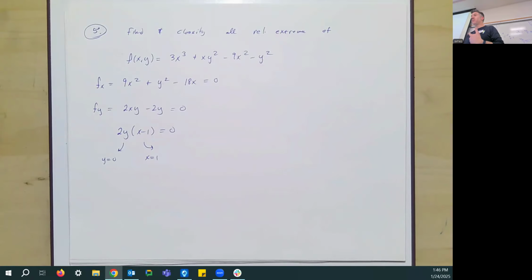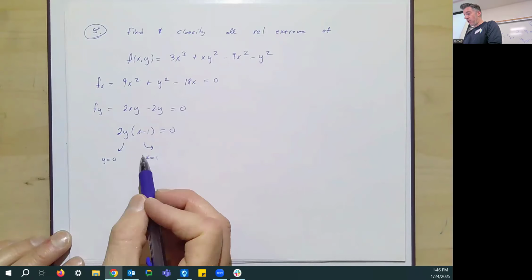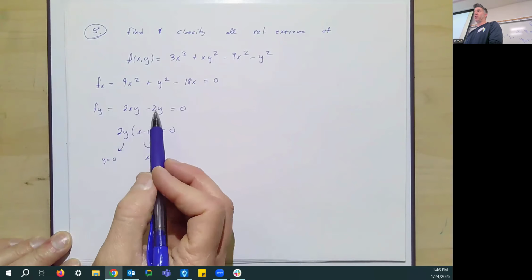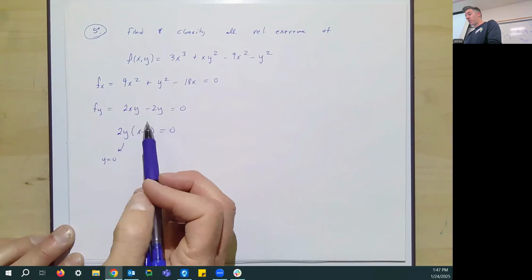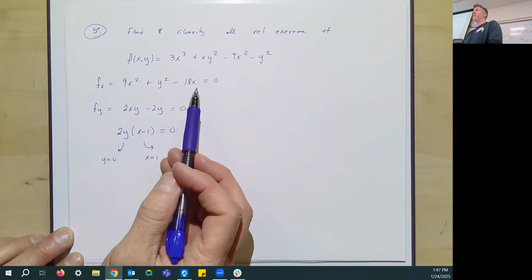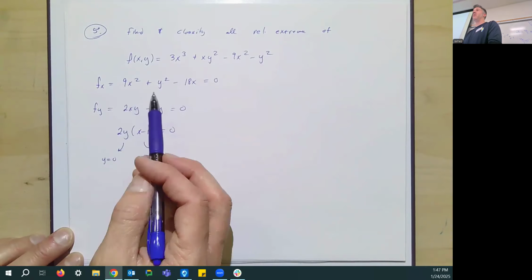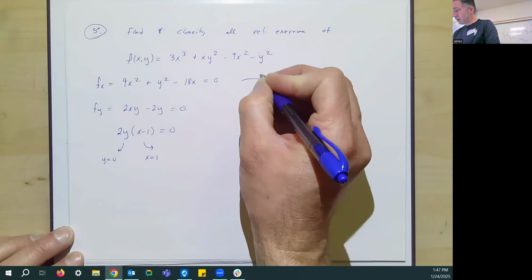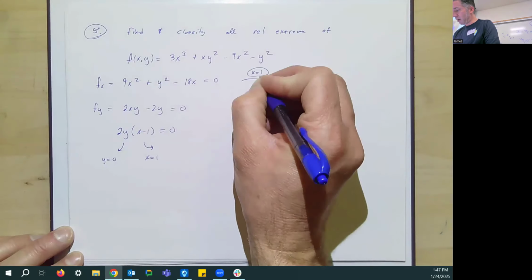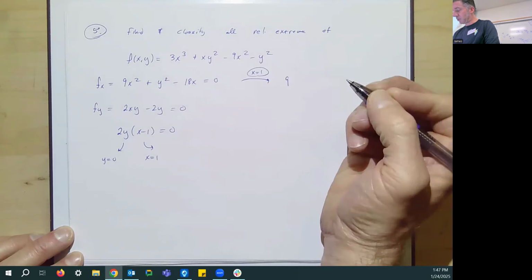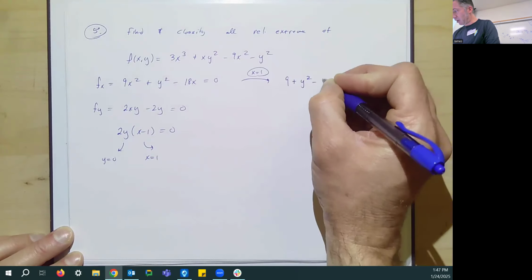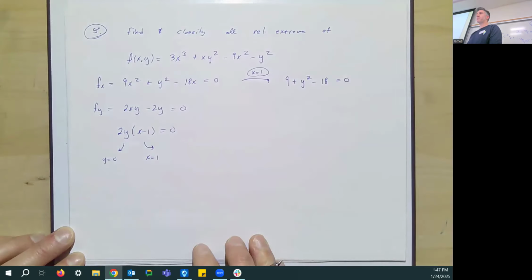So what that does mean, though, is that x equal to 1 makes this equal to 0, right? Because if x is 1, you get 2y minus 2y. So then if we plug in x equal to 1 over here, we can find the y value we need for this one to also end up being 0. So we're going to plug in x equal to 1 and get 9 times 1 squared plus y squared minus 18 times 1 equal to 0.